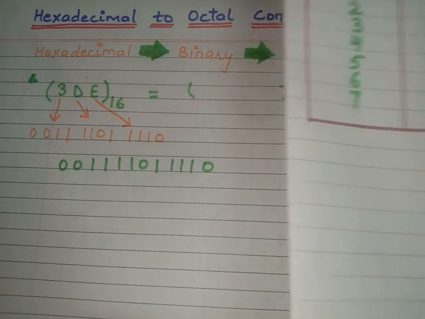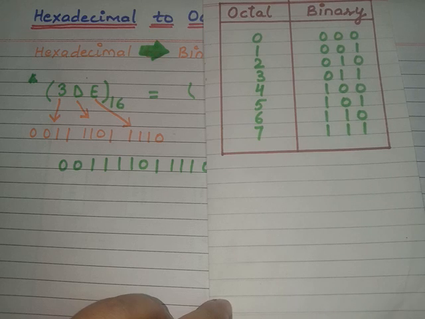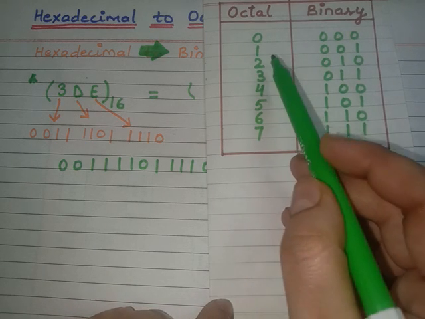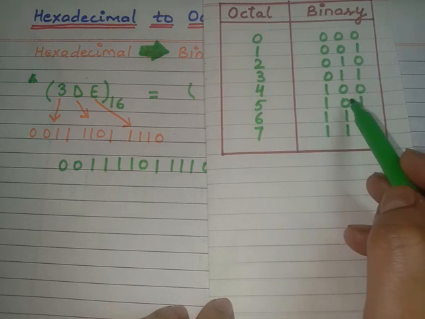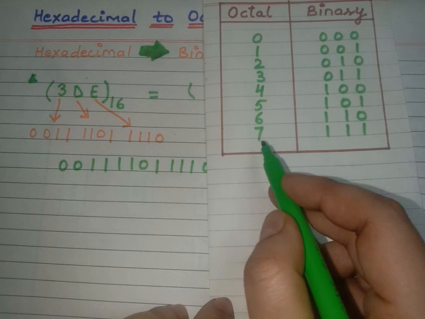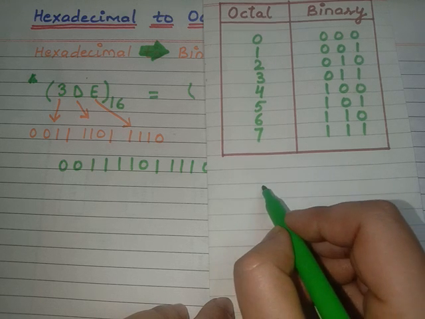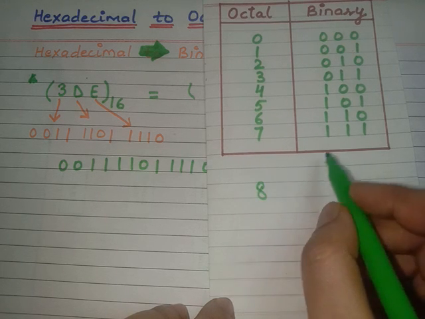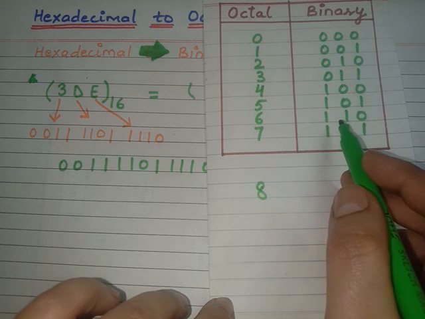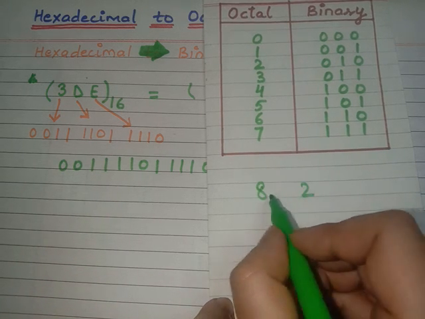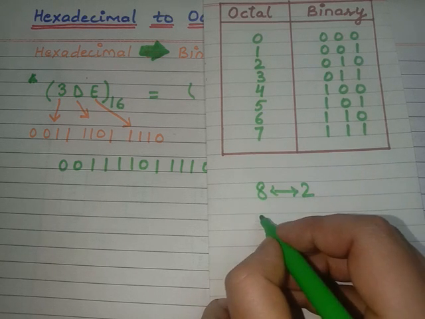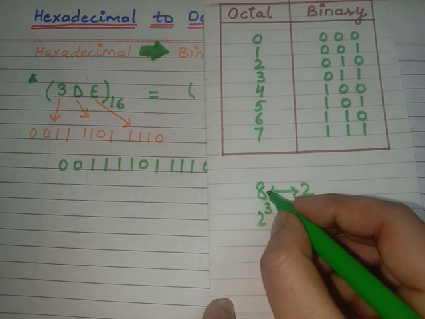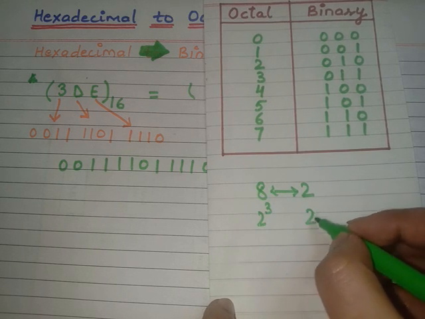Now to convert this binary number into the octal, I will show you one more table. Here in this table you can see a representation of the octal numbers in binary. You know that the base or radix of an octal number is 8, and the base or radix of a binary number is 2. Finding the relation between both bases, you can write 8 as 2 raised to power 3 and 2 as 2 raised to power 1.